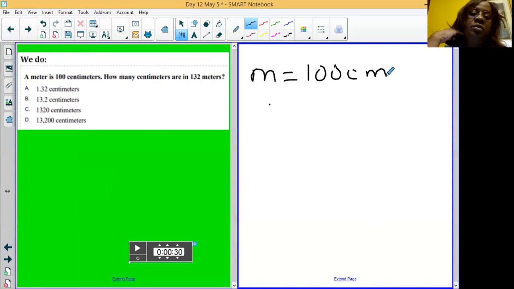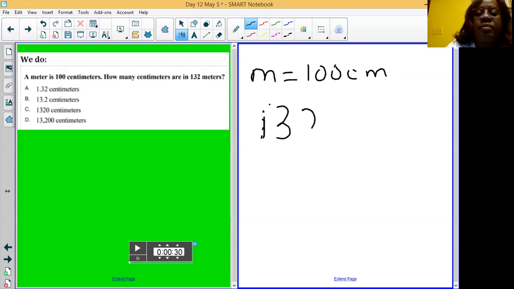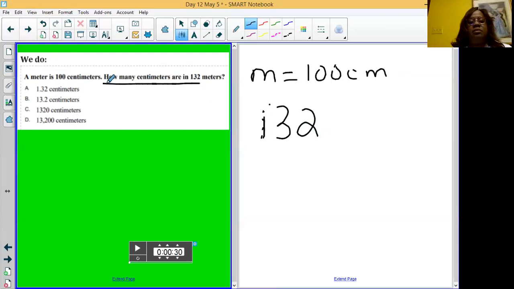So this is what they're referring to, 100 centimeters in 1 meter. But I have 132 of these meter sticks, and I want to go from meters to centimeters.